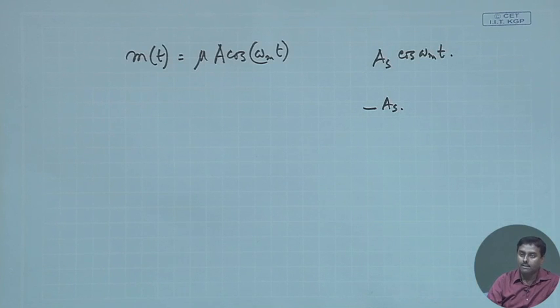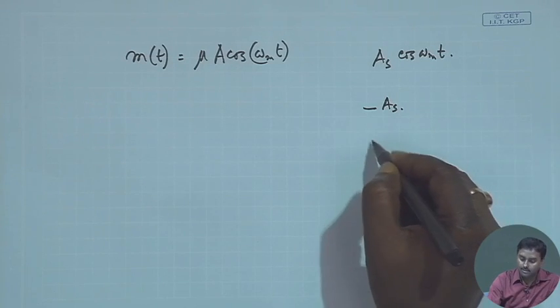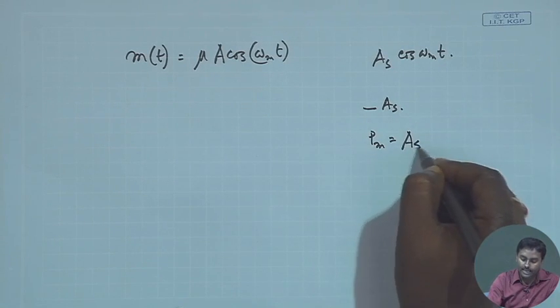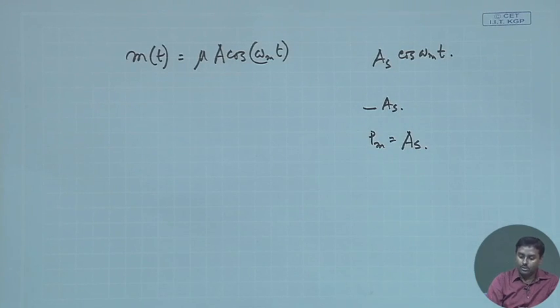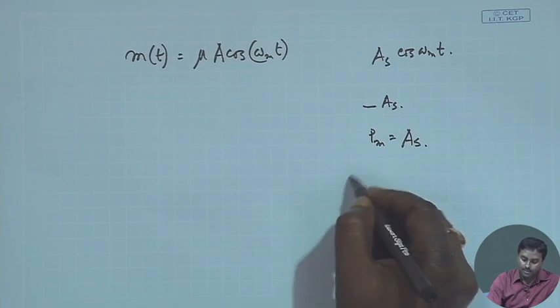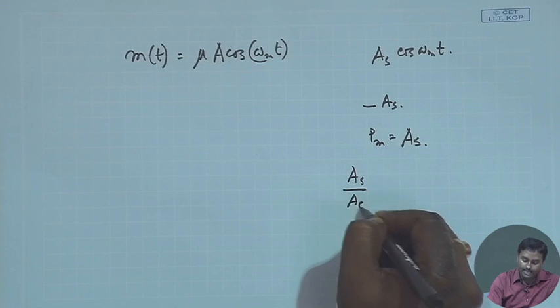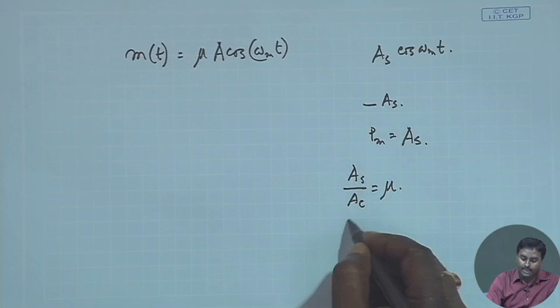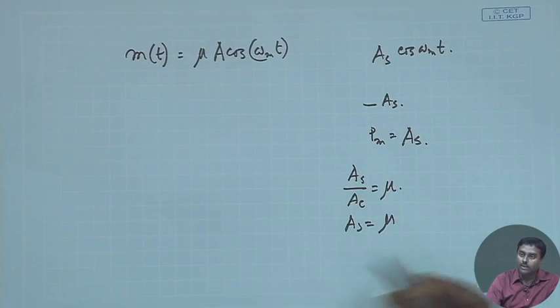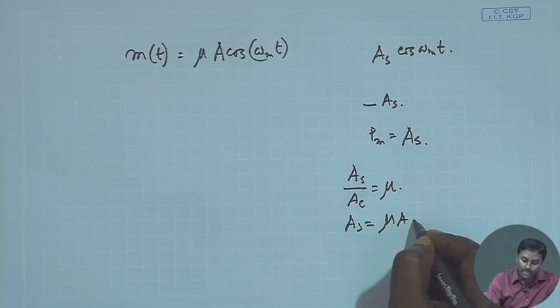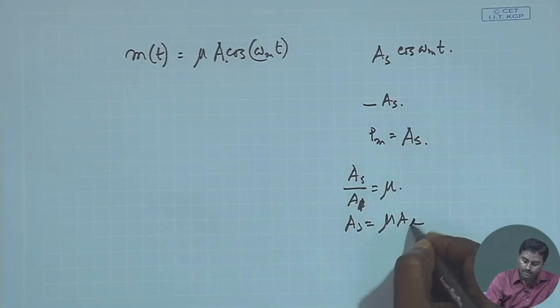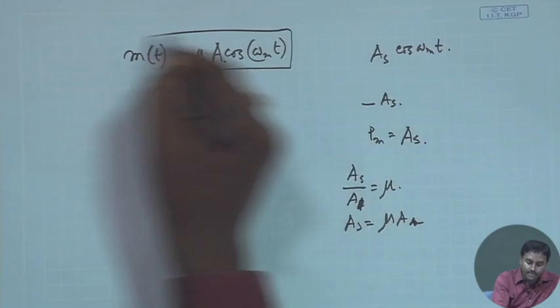What is the peak for this, which I was talking about, the lowest value of this? That must be AS. So, I should have my carrier signal AC. That means AS divided by AC must be my modulation index. Therefore, I can write AS as mu, whatever modulation index I am employing, into AC, or A, if I just put it as A. So, mu into A.